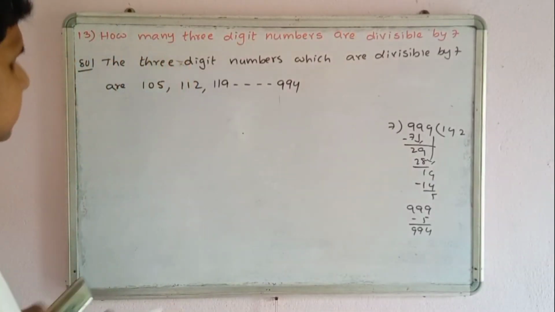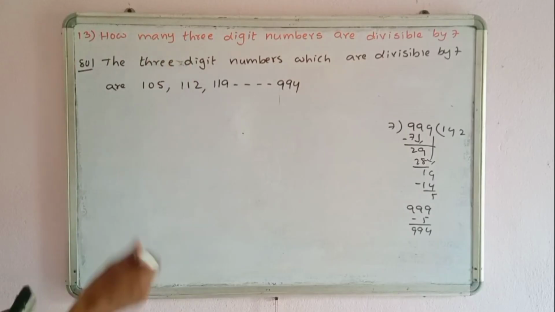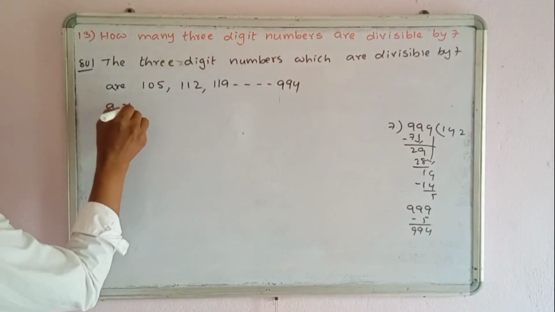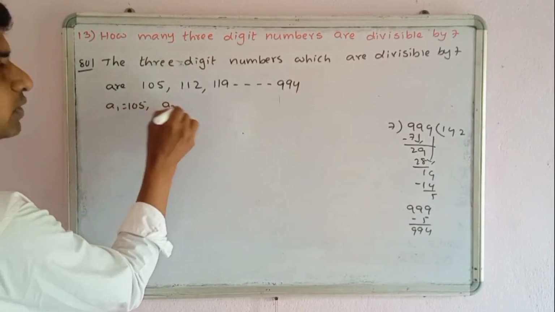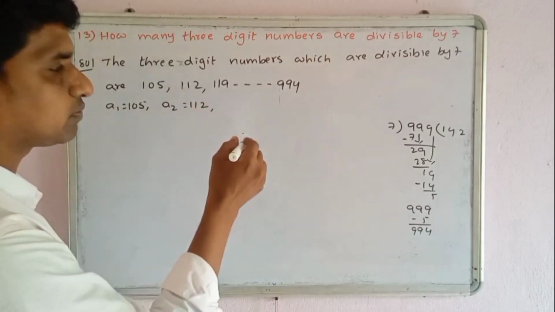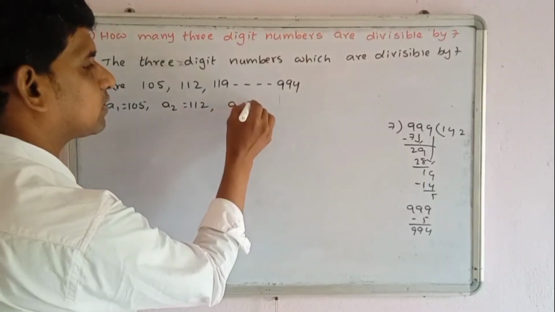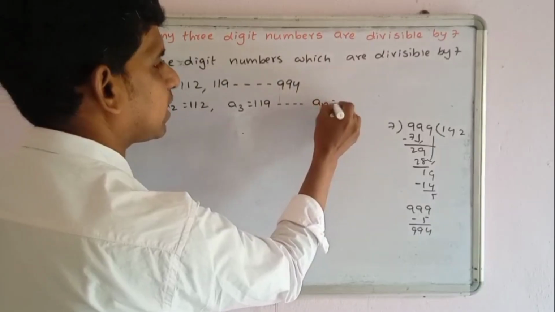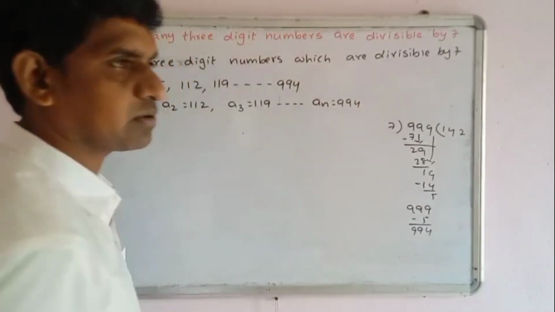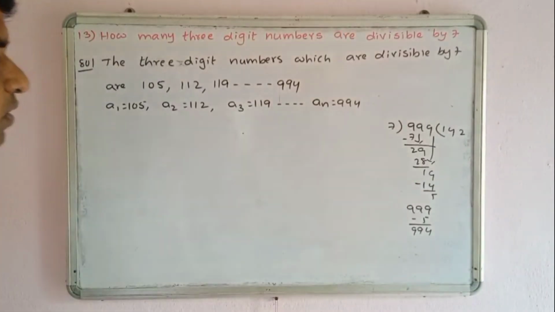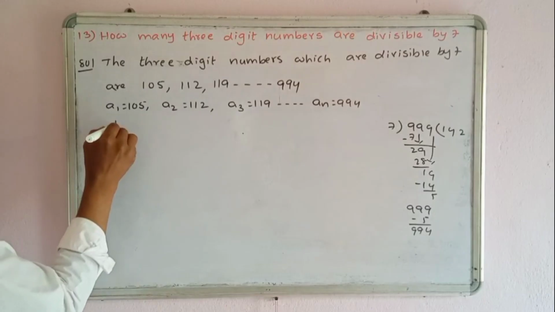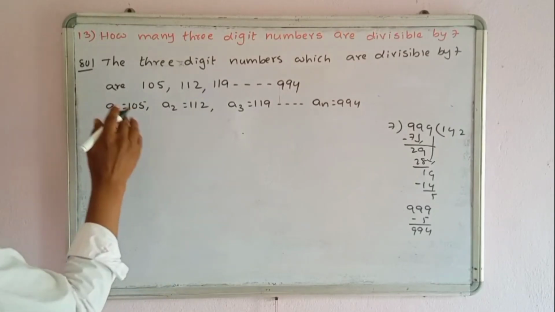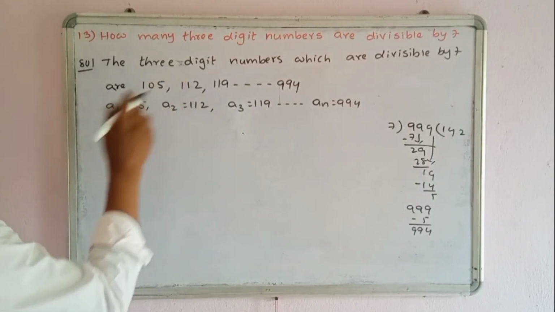See here, what is the first term? A1 equals 105. A2 equals 112. A3 equals 119, and so on. This is the last term, I don't know the value, so An equals 994. Okay. First find the common difference. First check is it AP or not?